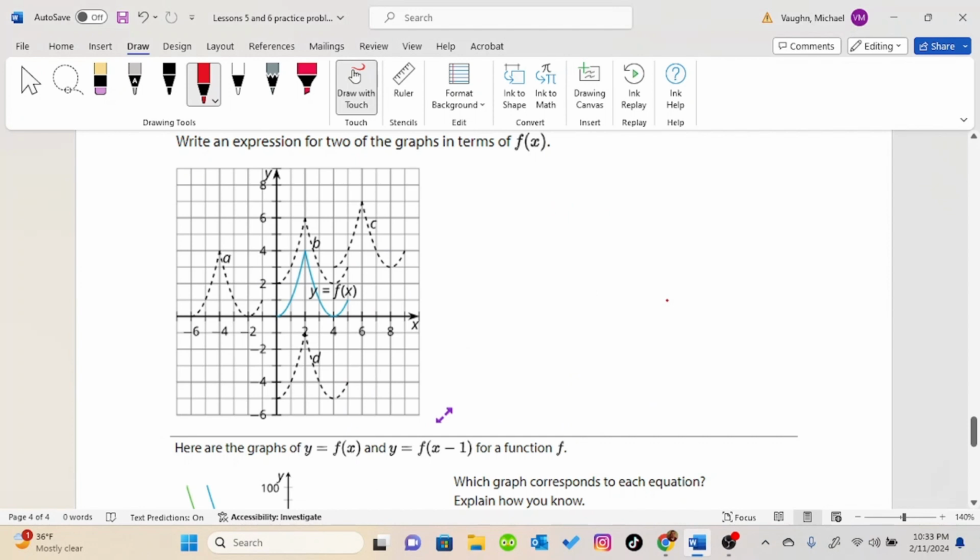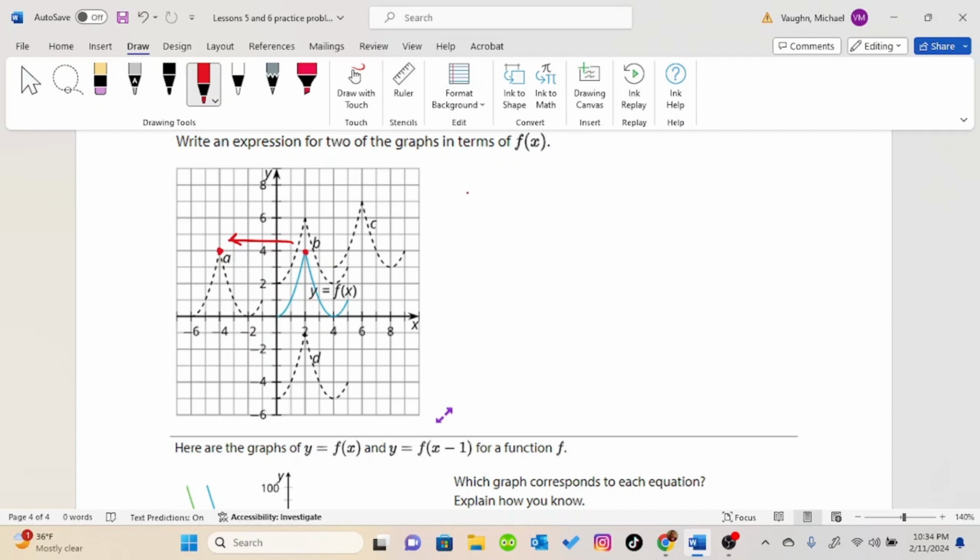Write an expression for two of the graphs in terms of f of x. So we have f of x, and we can pick any two out of the four dashed graphs. So first off, I'm going to look at A. And if I go from this peak over to this peak, I see that I shift left 1, 2, 3, 4, 5, 6 spots.